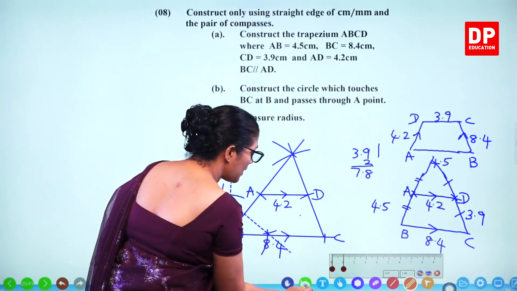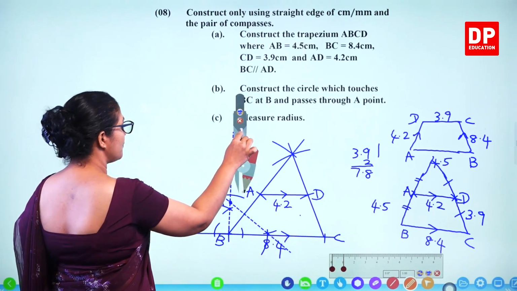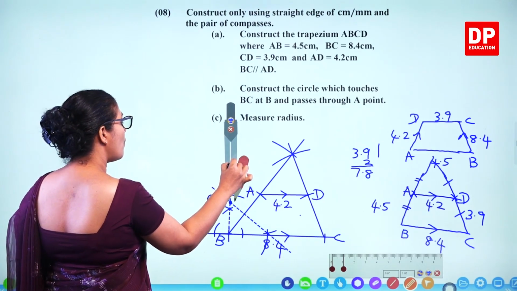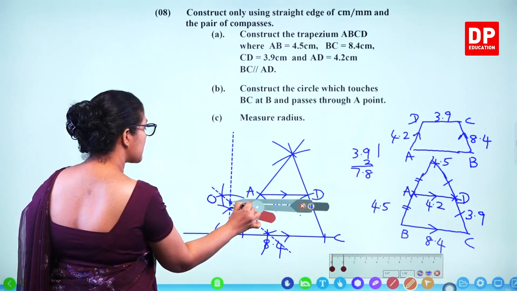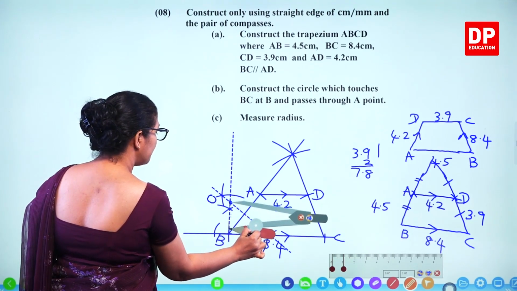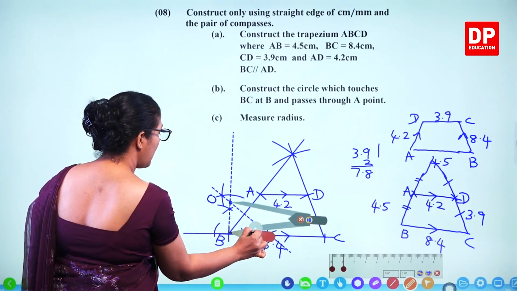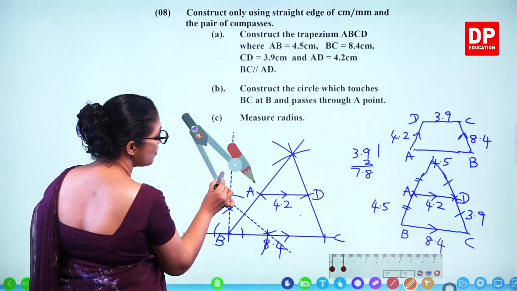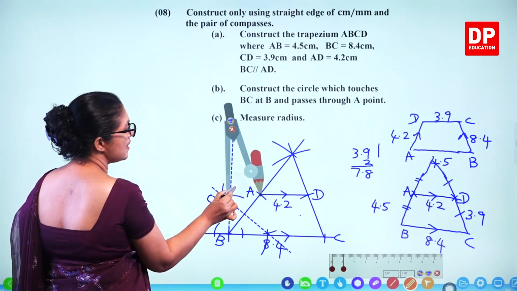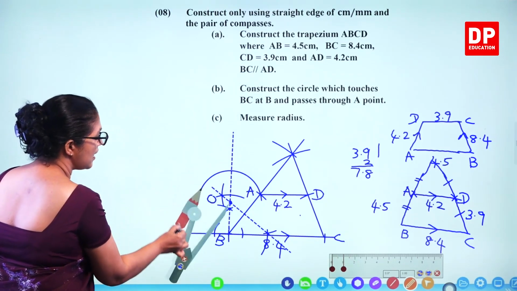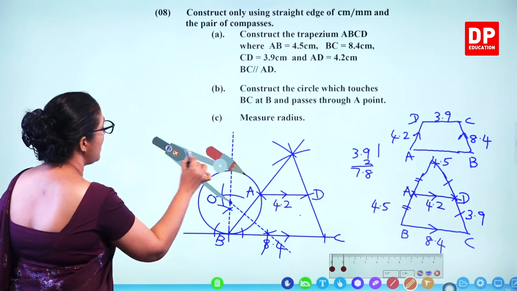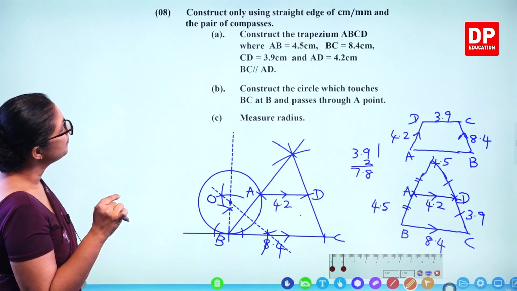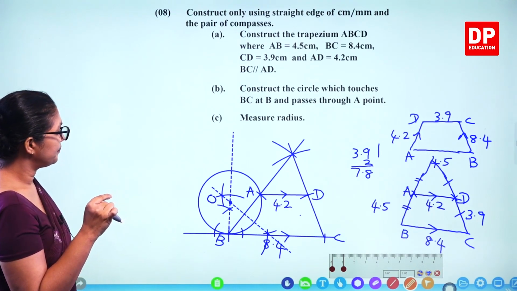Now we need to draw the circle. So here we found this is the center O. And what's the radius? OB or OA you can take. And when you draw the circle, it should pass through the point A. So we can see that it passes through the point A. Touches at B and passes through point A. That's the circle. Measure radius.